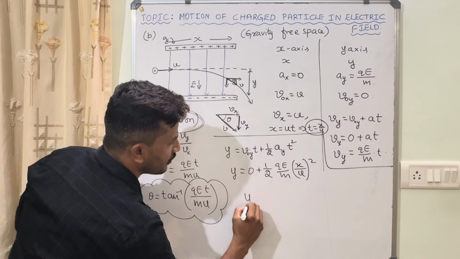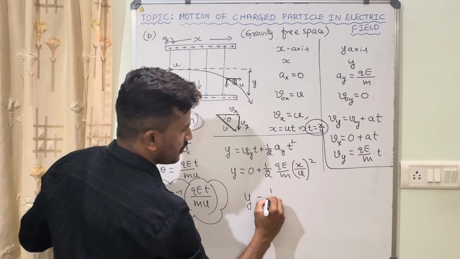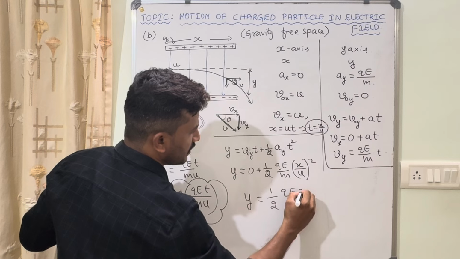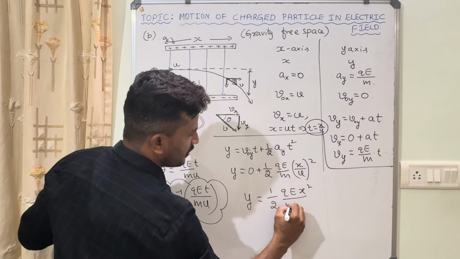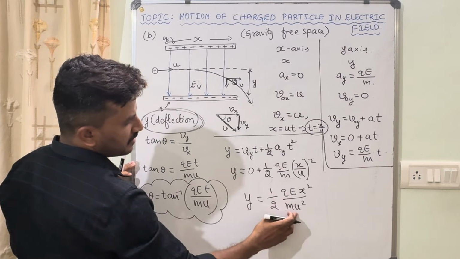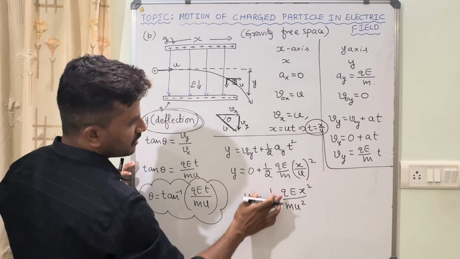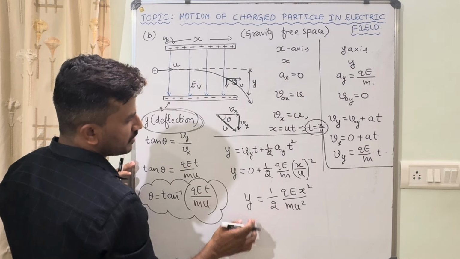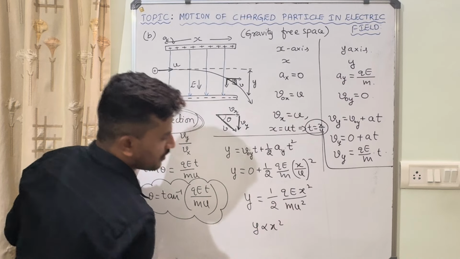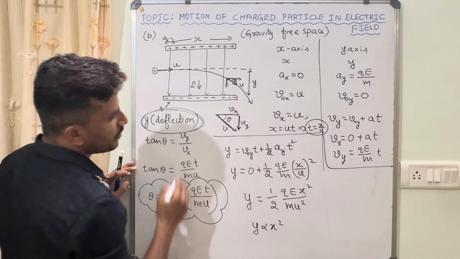So this will be the value of y: half QE x square divided by m u square. If the initial velocity, E, Q, m are constant, y is directly proportional to x square. So that's why it moves in a parabolic path.